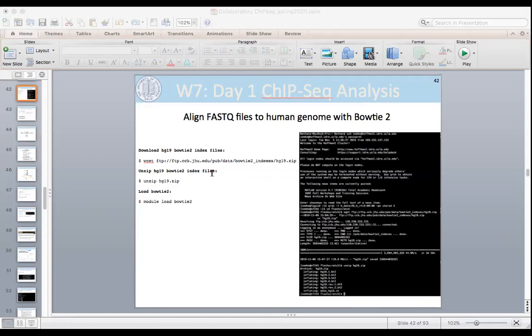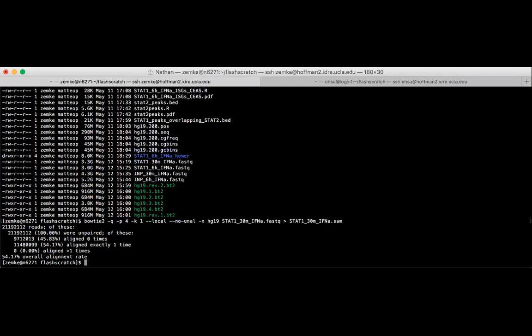So the first one finished for me. What we see is that only 54% of these reads aligned one time to the genome. Those are the reads we're going to keep. This is not a great number. Oh, I need to share the terminal. So we have about 11.5 million reads that were kept.